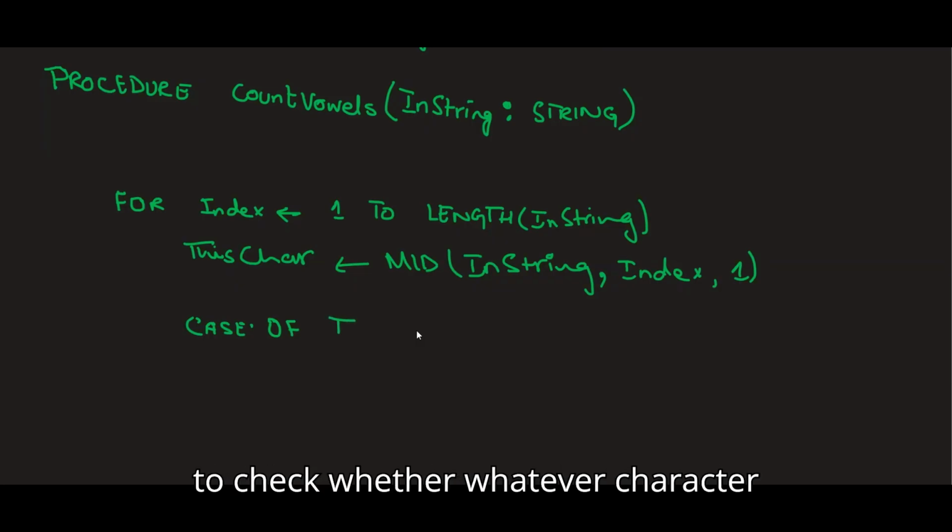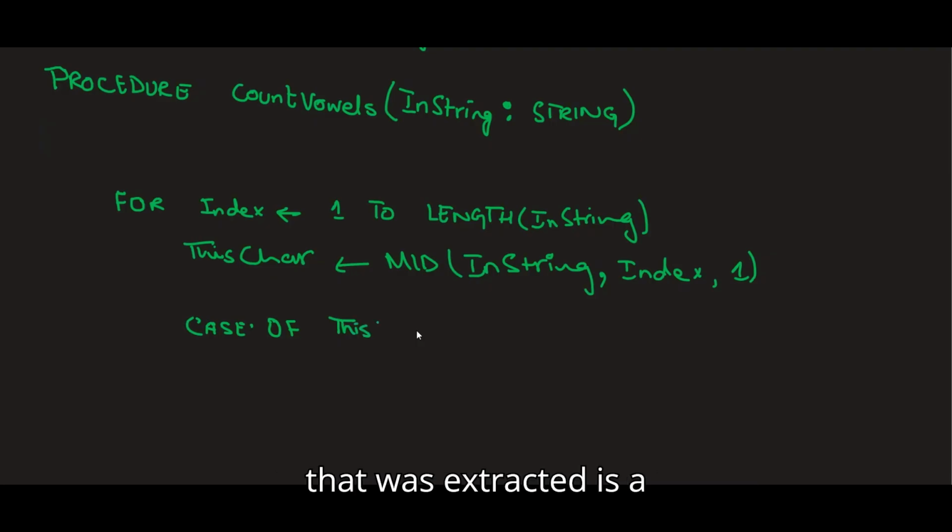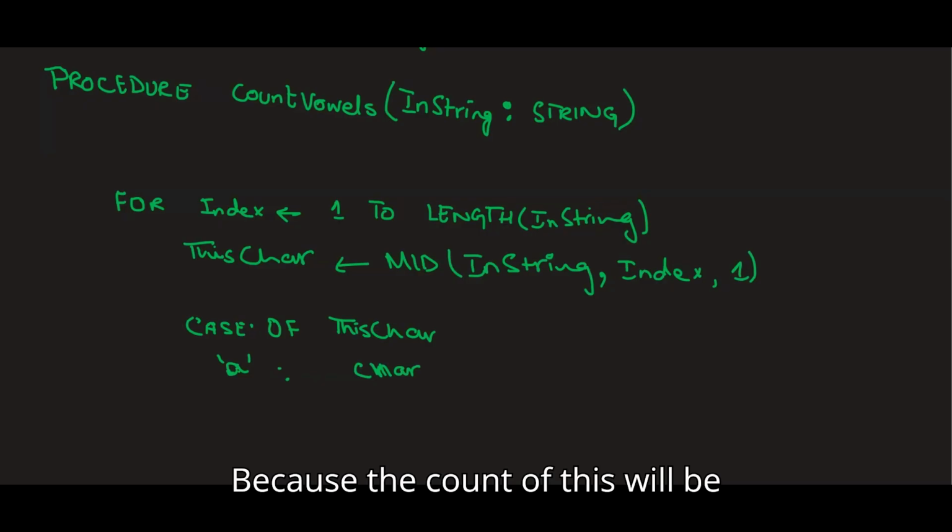So I am going to check whether whatever character that was extracted is a vowel or not. Now let's see if it is an A. If it is, then I need to increment the array, because the count of this will be stored in the array, no? Char count.